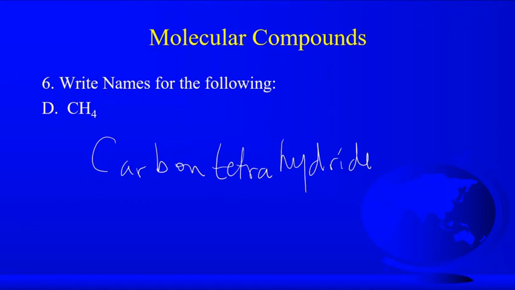That's why sometimes you'll see it on the back side. Carbon tetrahydride. In that case, it's identifying as a nonmetal. If you see it up front, which you will next week when we talk about acids, then it's identifying as a metal, and you have to use different naming techniques.